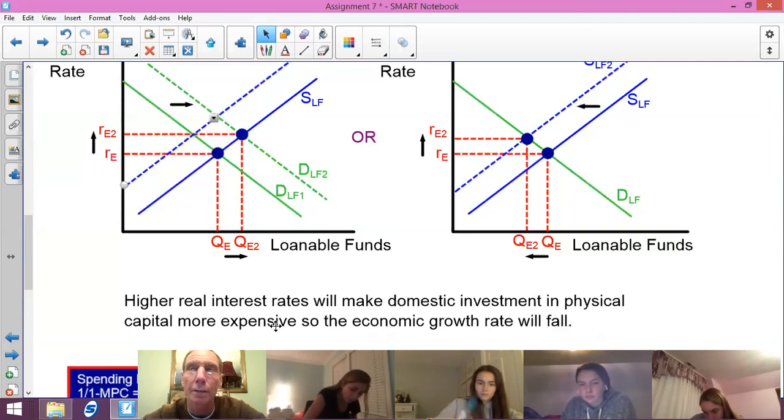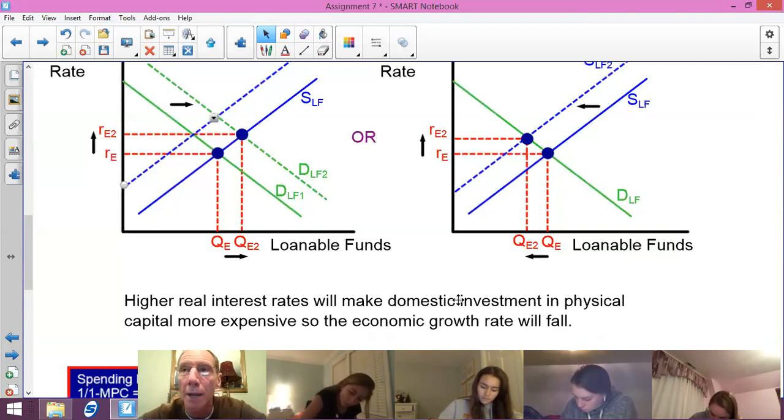actually, I just said that backwards. Either way, if the interest rates go up, there's going to be less folks buying houses and less investment overall, which means the economic growth rate would fall, right?